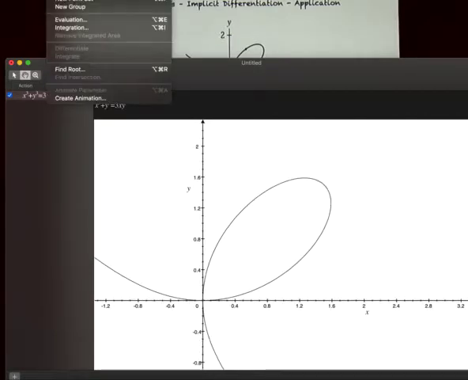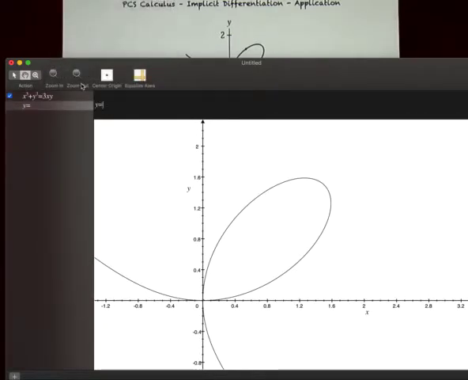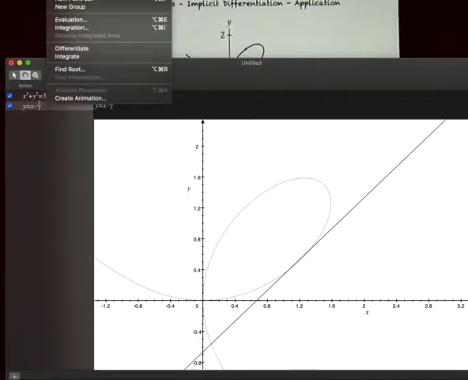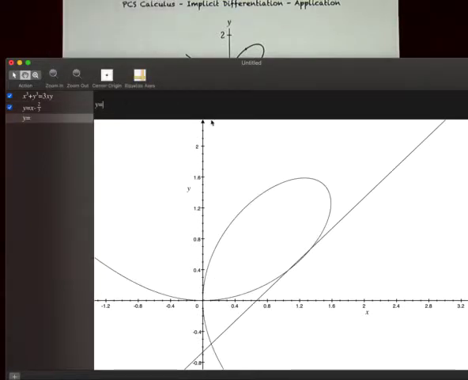And then we can introduce two more equations: y equals x minus 2/3, and another one with y equals x plus 2/3. We notice that both of those look like they are tangent at their particular point here and here.